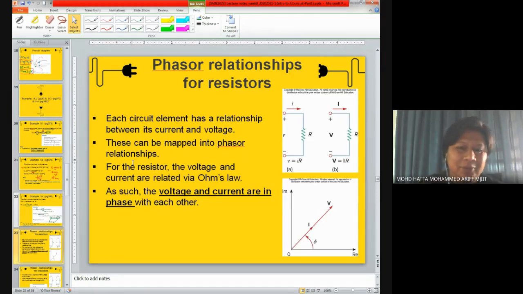The relationship between voltage and current is stated like this: the voltage and current are in phase with each other.